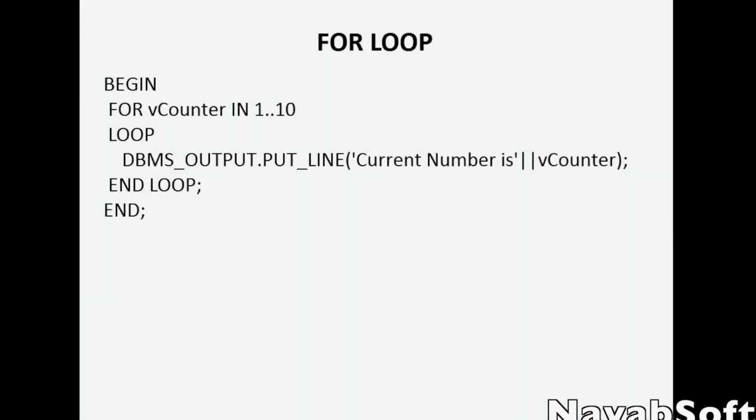In this example, we are using a FOR loop to print the loop counter variable's value 10 times. We named it v_counter, started its value from 1 and set its last value to 10. In the loop's body, we are printing a string with v_counter's value.